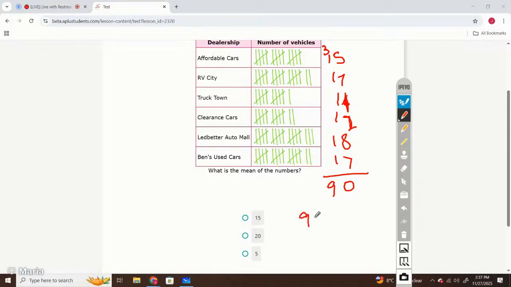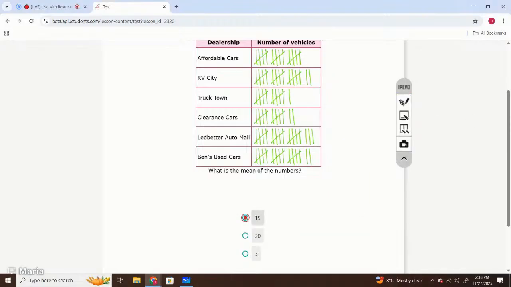They are 6 in number, so 90 divided by 6 is 15. Option number 1 is the correct option, that is 15.